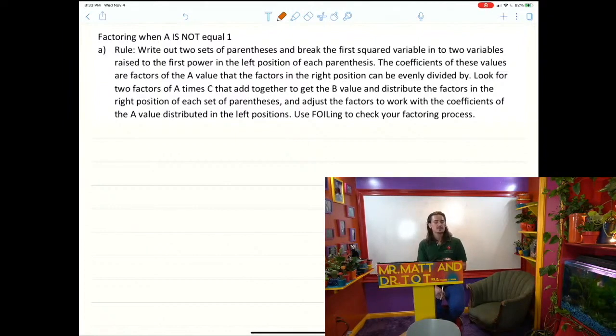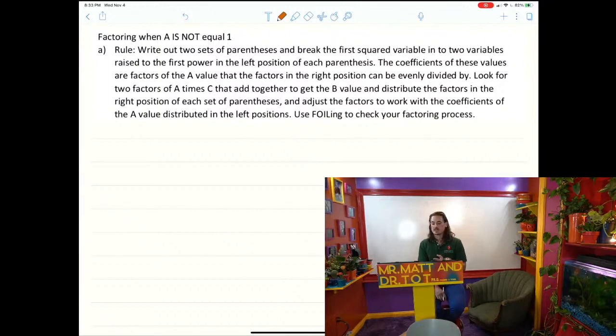Now you have to consider the factors of a times c that add together to get b, and distribute the factors in the right position of each set of parentheses. Then the final step is that you have to adjust these factors to work with the coefficients of the a value that are distributed in the left positions.